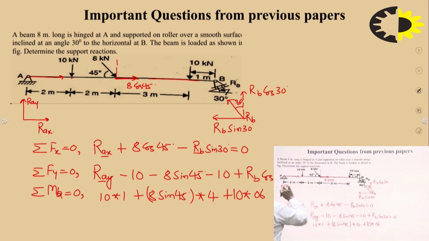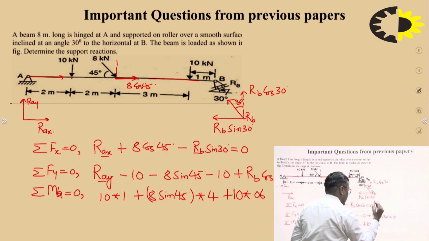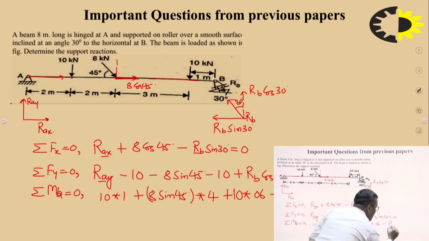RAY, the perpendicular distance of RAY is 8 from point B, and the tendency of rotation will be clockwise. Just check out the equation. 10 into 1, 10 into 1, 8 sin 45 into 4, 10 into 6, RA into 8.